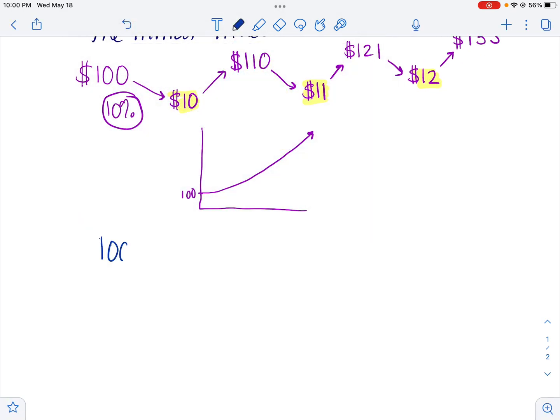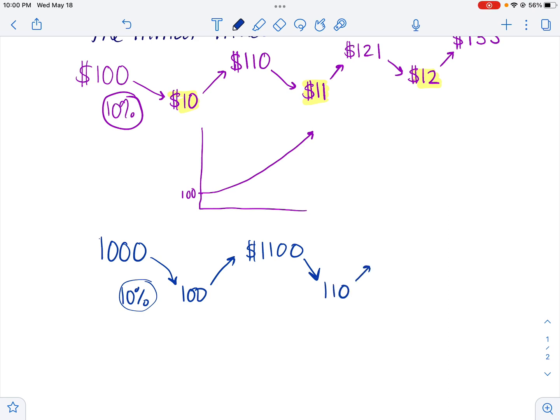So let's say we have $1,000 that we're going to invest at a rate of 10%. Okay, so our interest would make us $100 this time. So when we add that back in, we'd have $1,100. And then our interest on that would be $110.